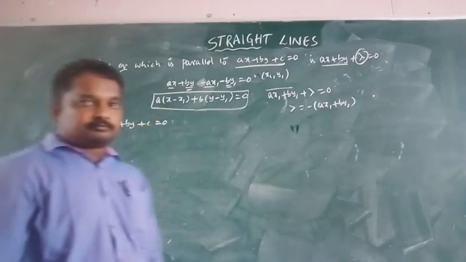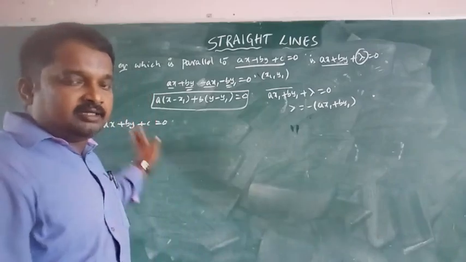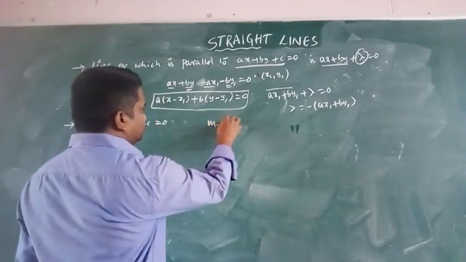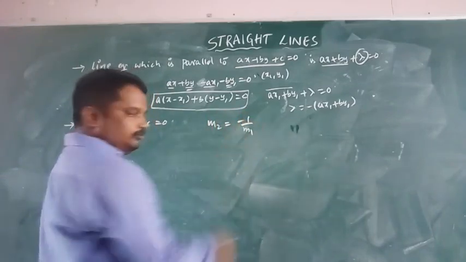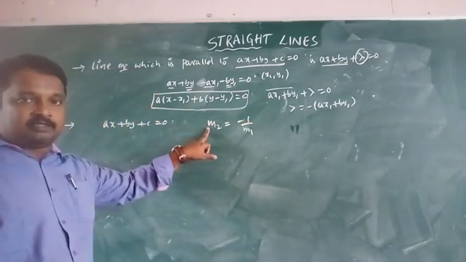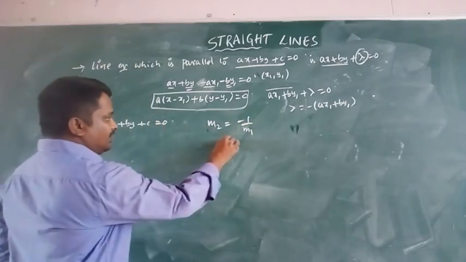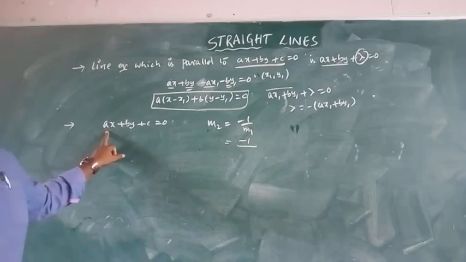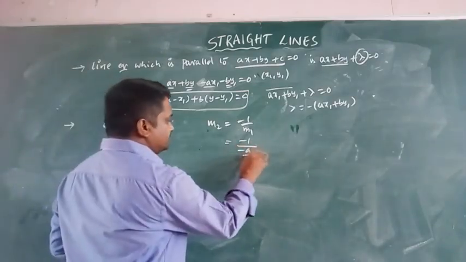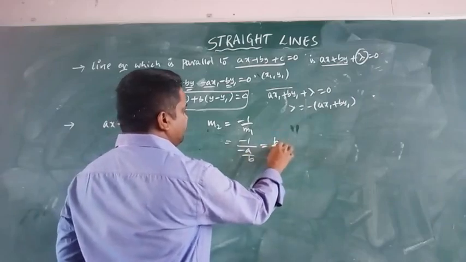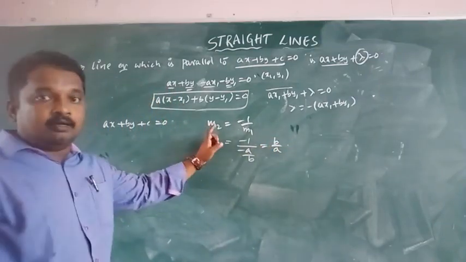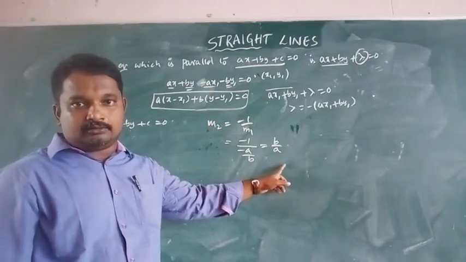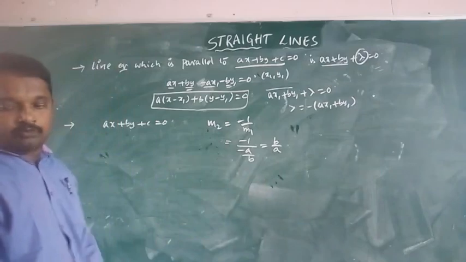We know that the perpendicular line's slope is -1 by this line's slope. That means m2 = -1/m1, where the required line's slope is m2. So the perpendicular line slope is -1 divided by the slope of this line, which is -a/b. So that equals b/a. The slope of the perpendicular line is b/a. Yes or no?